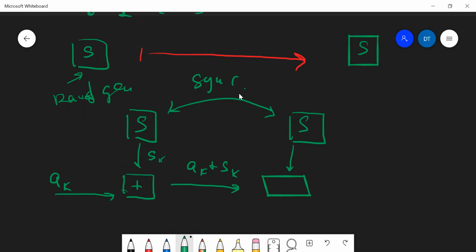Then, when you want to decrypt this message, you generate the kth random number and add it to the element you received, and the output will be the initial AK element. So you just need to use two synchronized random generators, and you pass the copy of your random generator via the secure channel, and then you can use the open channel.